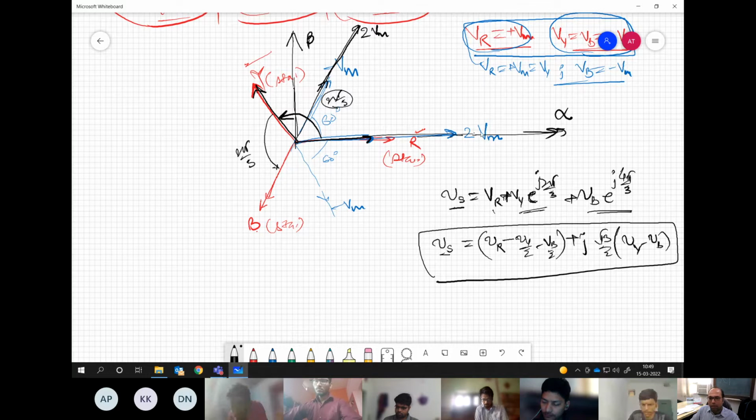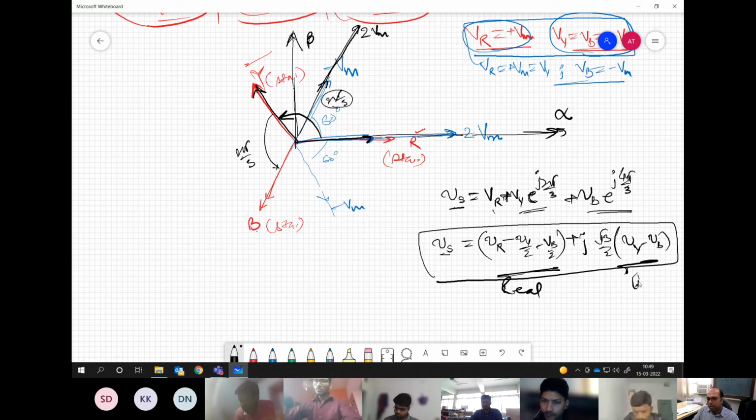So this axis, alpha beta, is basically resolving the whole voltage vector into just two components we can call real and imaginary, nothing else. Now when we have only discrete values for the voltages, this is still valid. Whether it's a sinusoidal quantity or a discrete number, this is still valid.